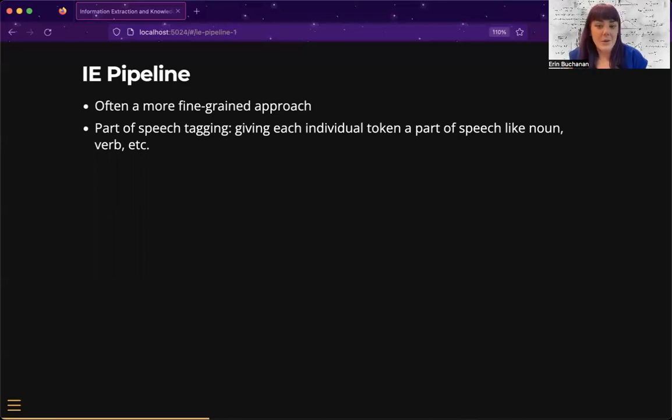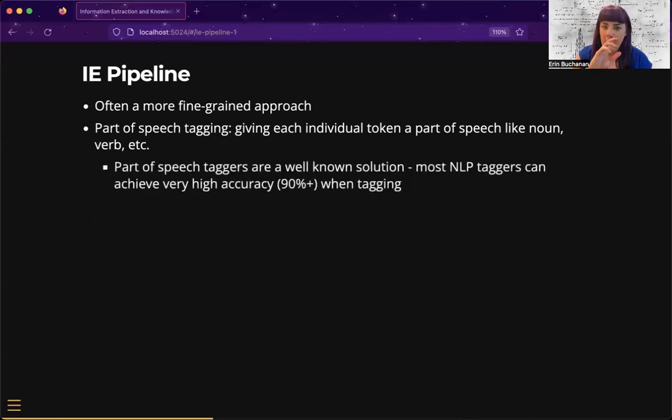But what it is in general is giving each individual token, like each individual word, a part of speech: noun, verb, preposition. Okay? And because part of speech taggers really are a well-known solution, there is no need to program your own unless you're going to do something in a language that's not well defined or a very specific type of subgroup.